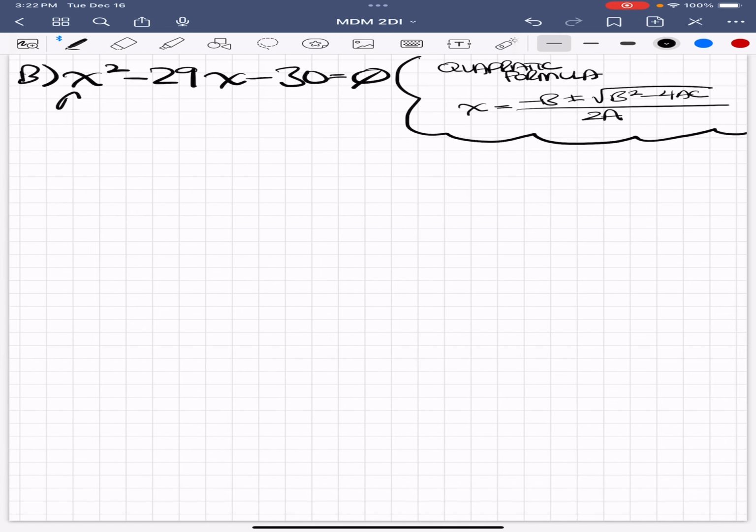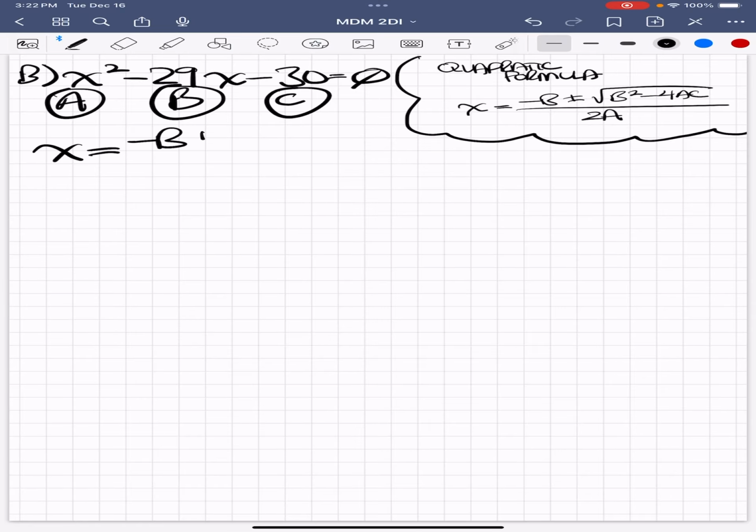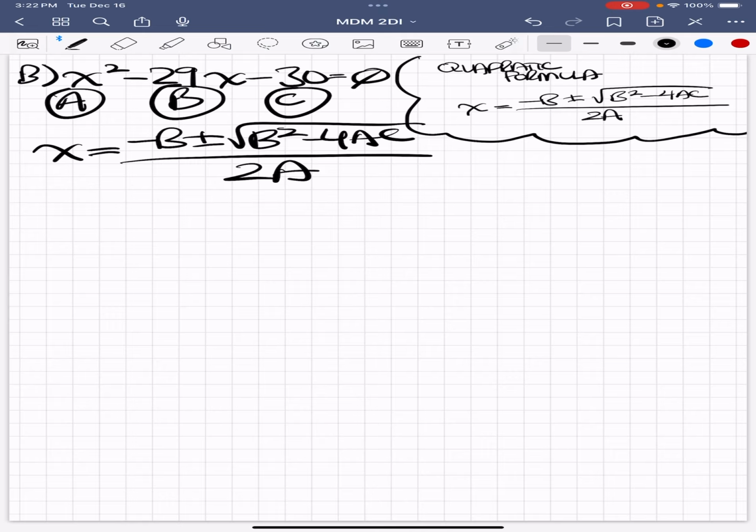So we have a, b, and c. And then we need the quadratic formula as well: negative b plus or minus the square root of b squared minus 4ac all over 2a. Again we're inputting the values of a, b, and c into the quadratic formula.